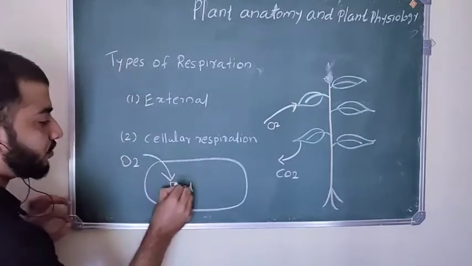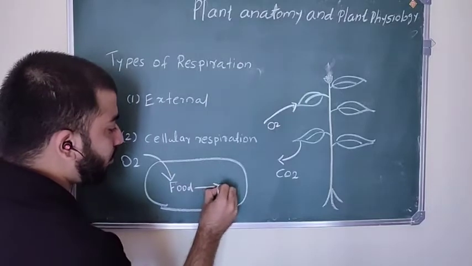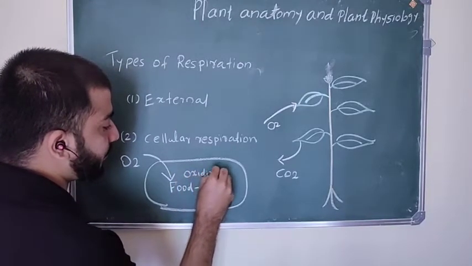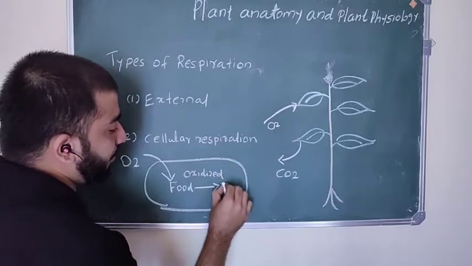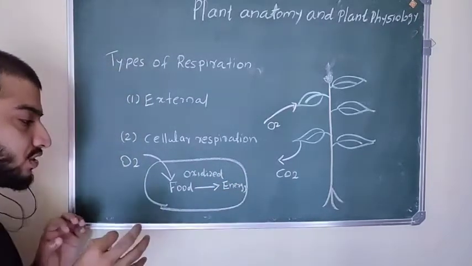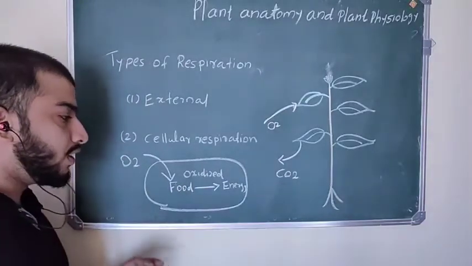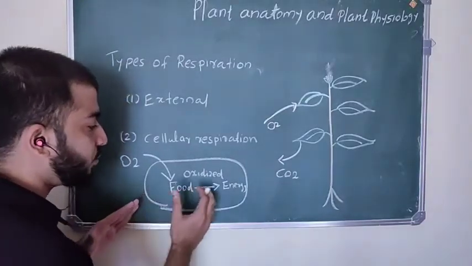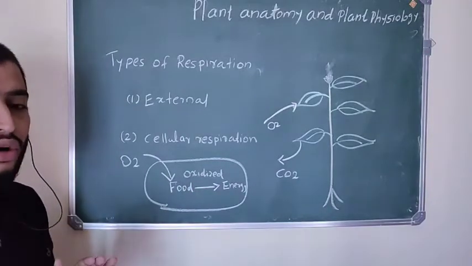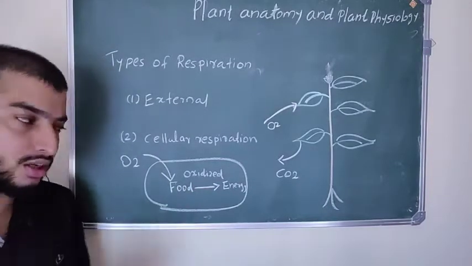With the help of oxygen, this food is oxidized to obtain energy. Energy is found in this food, and this food is oxidized to release the energy present in the food. That is called cellular respiration.